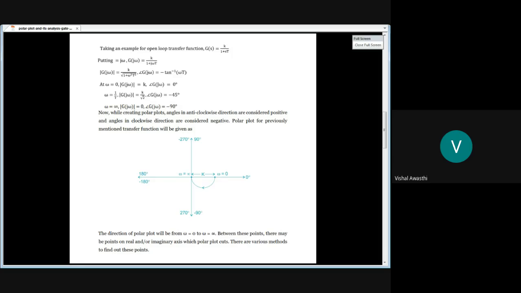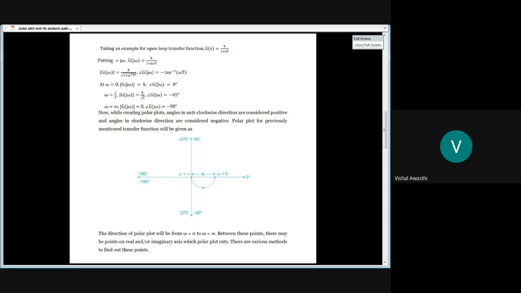Now in the middle of these two, you have omega equal to 1 by T. Of course, in this plot it is not shown actually, but when you think about it, its angle is minus 45. This will be the angle between 0 degrees and minus 90 degrees.